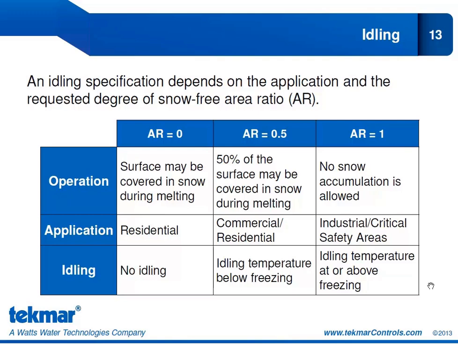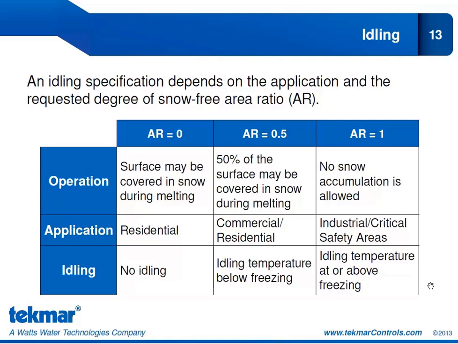So AR equals 0 would be the entire surface may be covered in snow during melting. Even though melting is occurring under the blanket of snow, the entire surface may be covered during that process, and the snow will gradually melt after the snowfall ends.